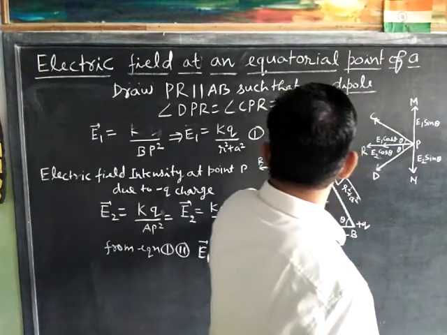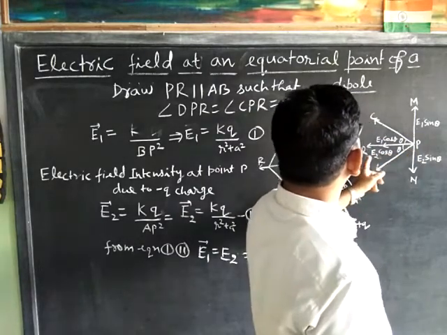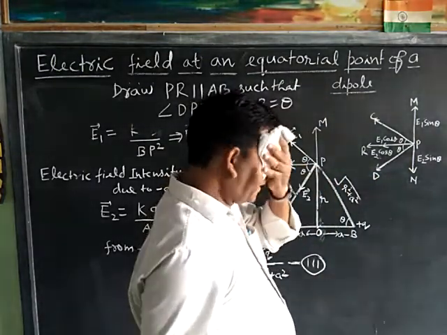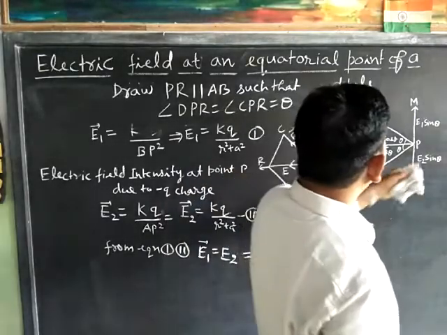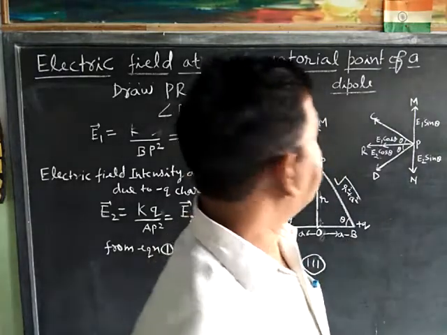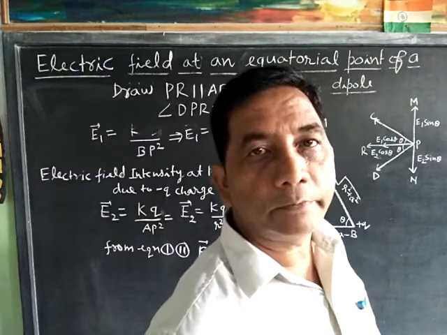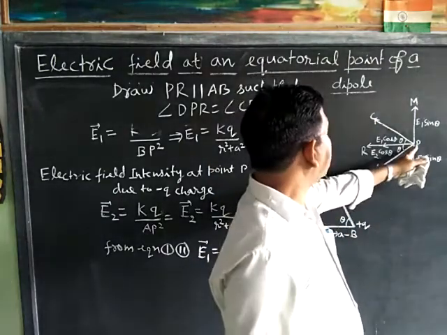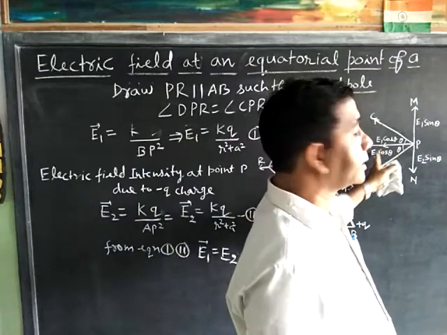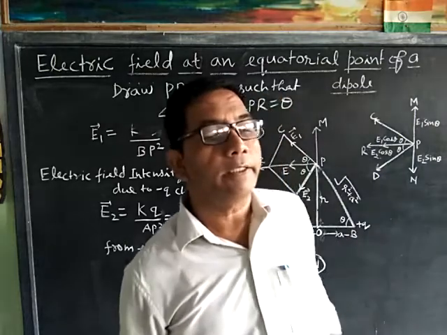Here the horizontal components are E1 cos theta and E2 cos theta, which are in the same direction, and the vertical components E1 sin theta and E2 sin theta are in opposite directions. Since the vertical components are in opposite directions, they cancel each other, and the horizontal components, being in the same direction, get added up. Therefore we can find the resultant electric field.